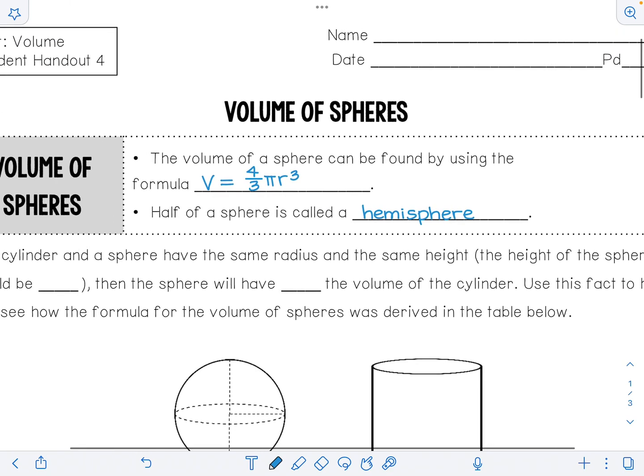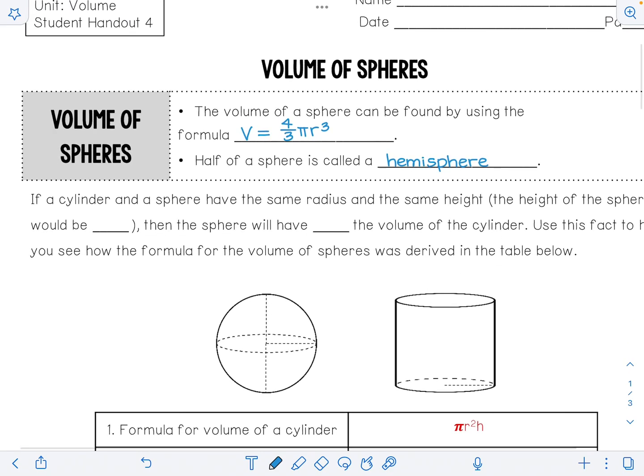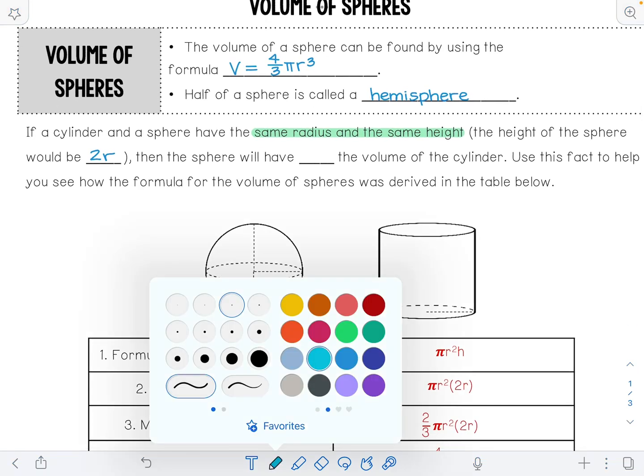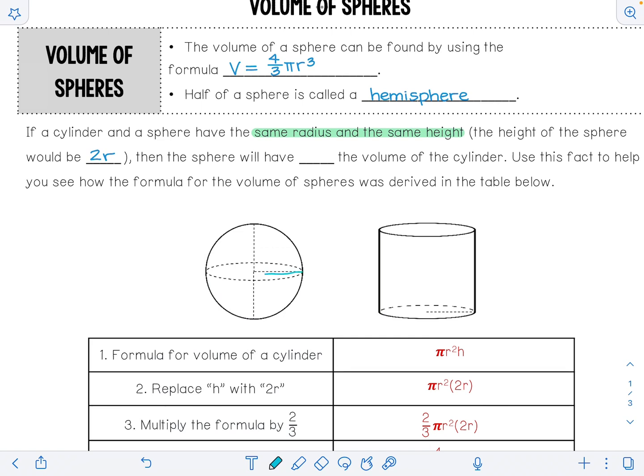So quickly, just to see how the sphere formula comes about, it's actually derived by comparing it to a cylinder. So if a cylinder and a sphere had the same radius and the same height, this would mean that the height of your sphere would be 2 times the radius. So if we look down at one of these graphics on the bottom, we know from the center of the sphere to the edge would be a single radius.